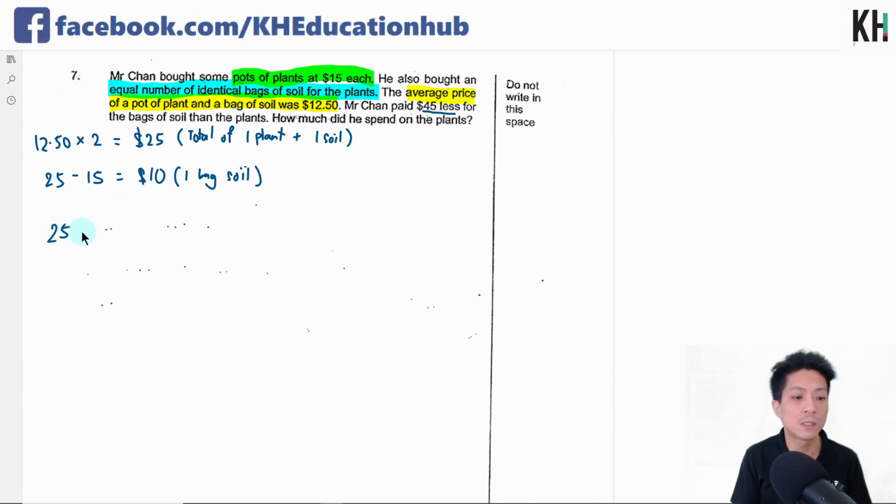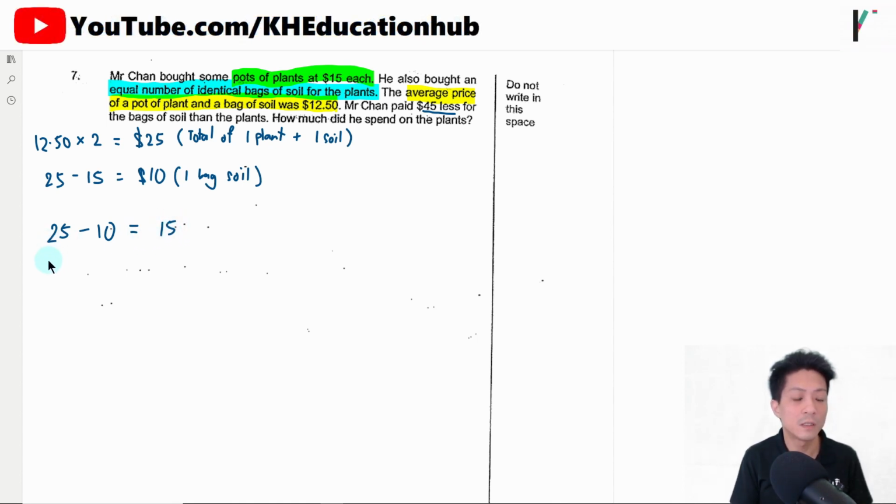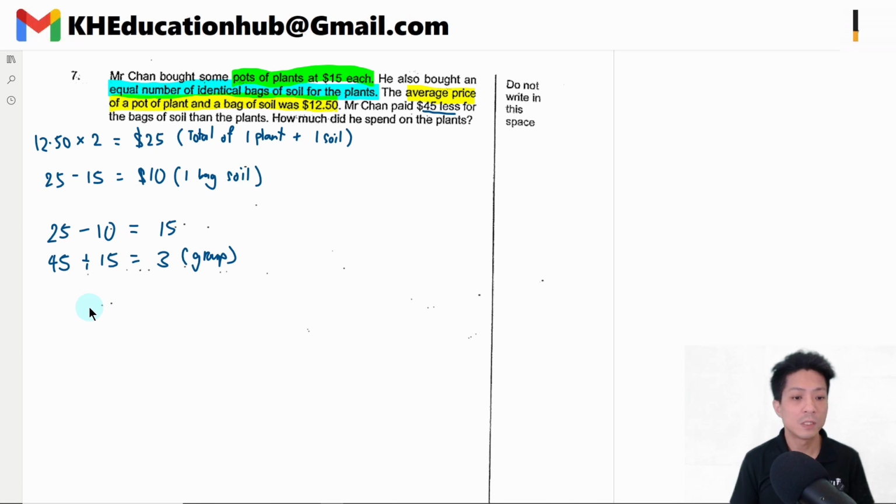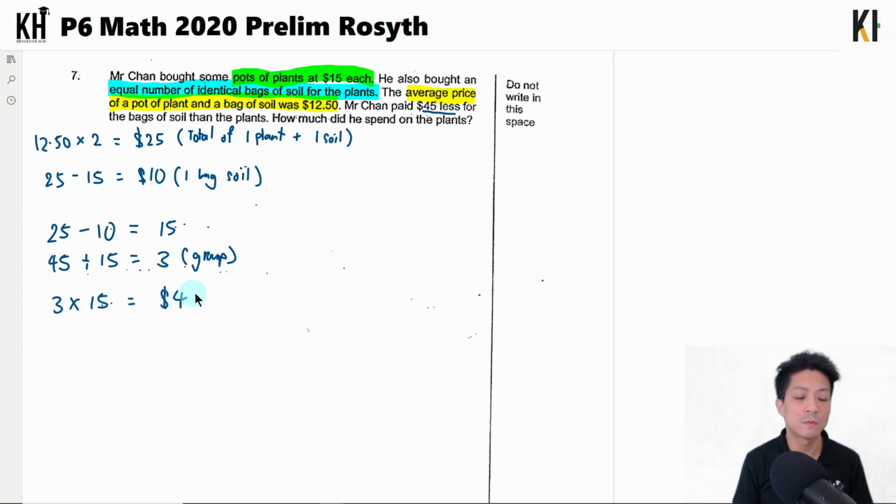I need to find the difference between one plant and one bag of soil, which is 15. Then I will use 45 divided by 15, which is 3. This is 3 groups, which basically means 3 bags of soil and 3 pots of plants. How much did he spend on the plants? Plants is $15 each, so 3 times 15 is equals to $45.